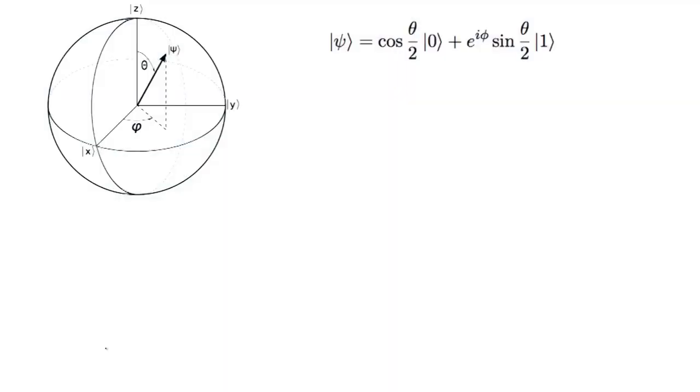So first, let's start with the simplest case. Let's say that we oriented the Stern-Gerlach device along the z-axis. Remember our convention: we think of spin up as being 0, spin down as being 1.